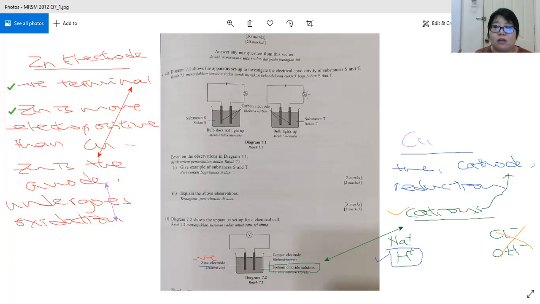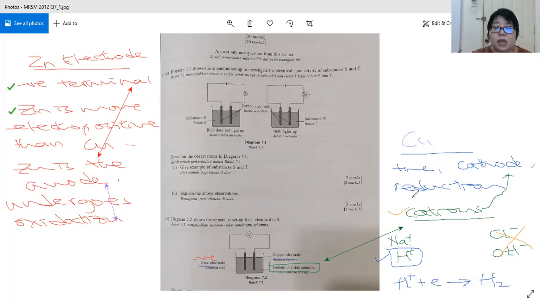When it is being selectively discharged, what will you obtain? You are getting the hydrogen ion gaining electron to form hydrogen gas. Now, why gains electron? We refer back to the definition of reduction, where in reduction, the substance will gain electrons.